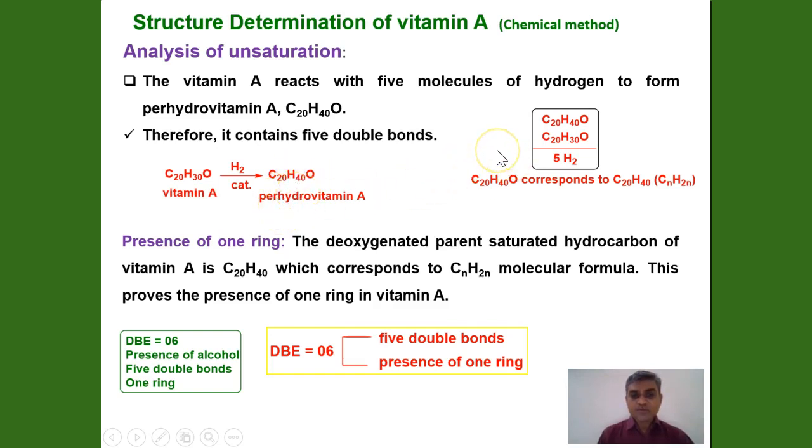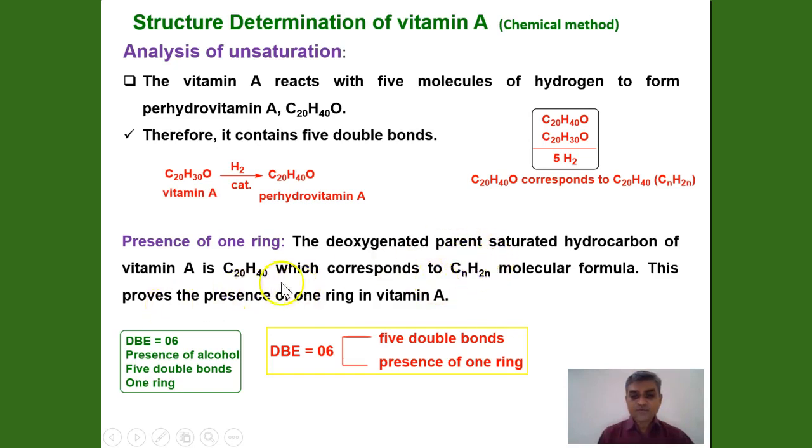Now, if you do some chemical arithmetic, this is very useful information to derive other details apart from the presence of double bonds. The hydrogenation product formula is C20H40O, and its parent hydrocarbon will be C20H40, and this C20H40 corresponds to CnH2n, which is the general formula for a monocyclic compound.